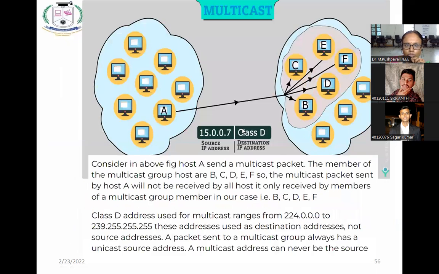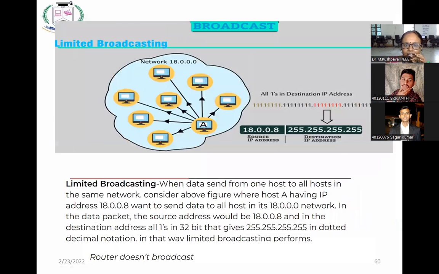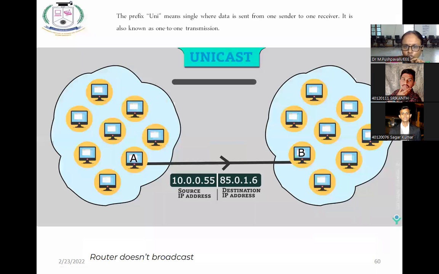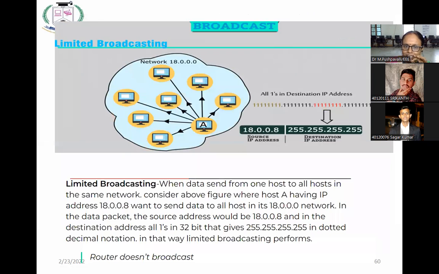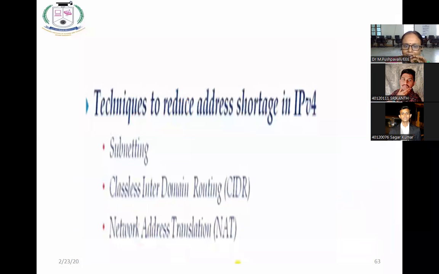Now you all understand IPv4 supports unicast, broadcast, and multicast. I told you that in IPv4 we have an address shortage. I told you about subnetting. There are two more techniques to divide my address so I can give it to another network.